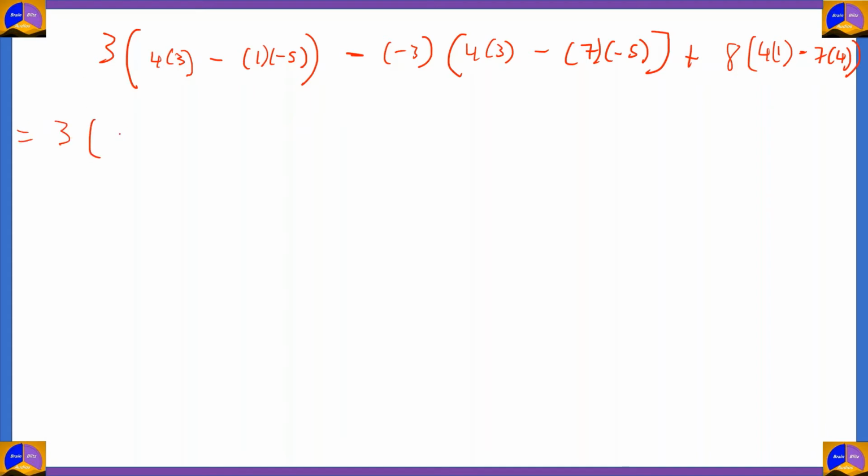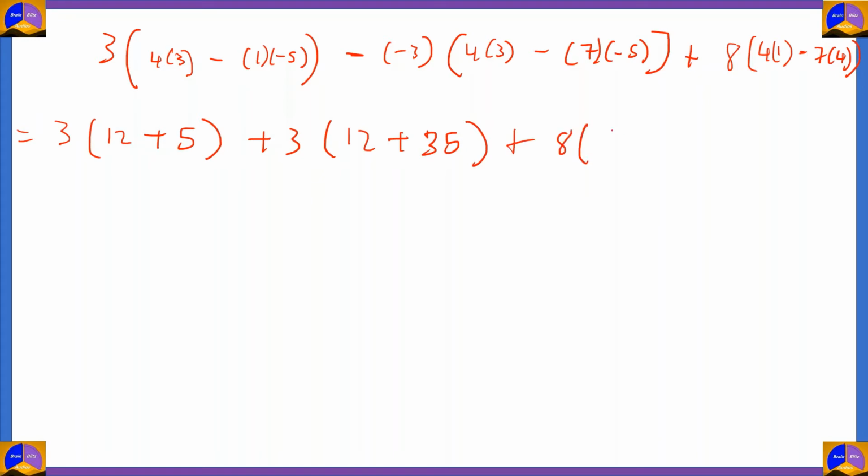Let's simplify that. 4 into 3 is 12 minus 1 into 5 is minus 5. So 12 minus of minus 5 gives you 12 plus 5. And minus of minus 3 is plus 3. And then 4 into 3 is again 12. And then 7 into minus 5 is minus 35. So 12 minus of minus 35 is 12 plus 35.